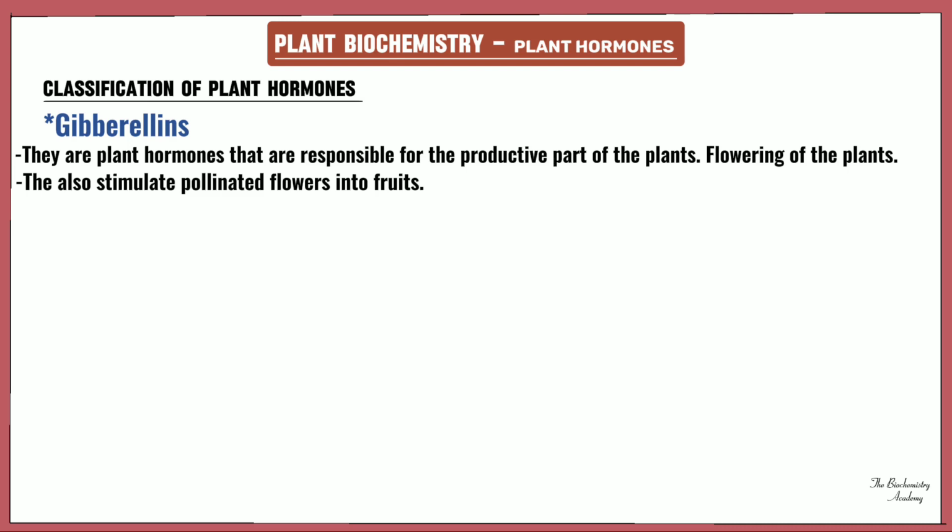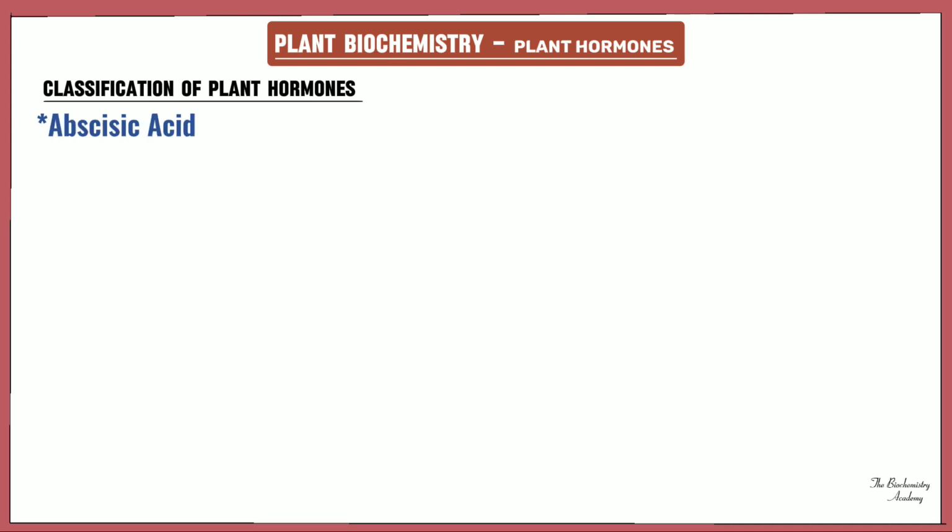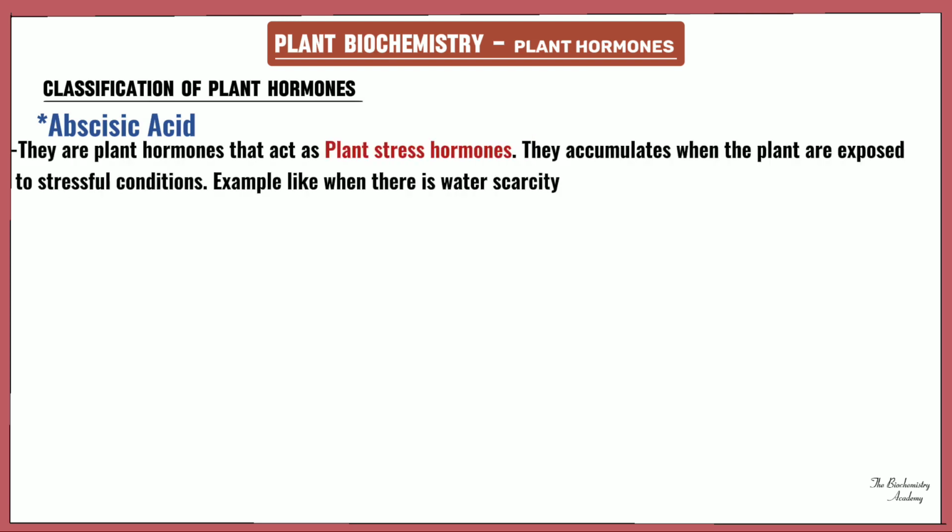Now, the next plant hormone is abscisic acid. These are the hormones that act as a plant stress hormone. Why? Now, the reason is because they accumulate when the plants are exposed to extreme or stressful conditions. For example, when there is a lack of water, or when there is too much cold air, or when there is not enough sunlight, which can also be known as photoperiod.